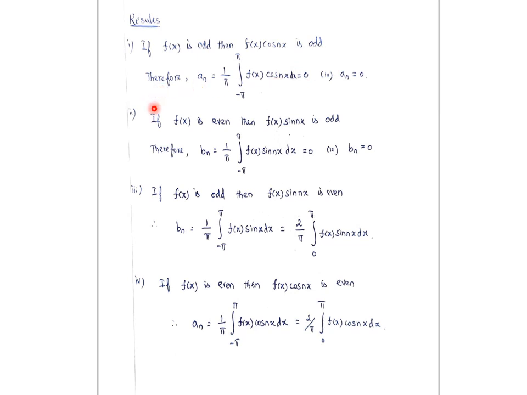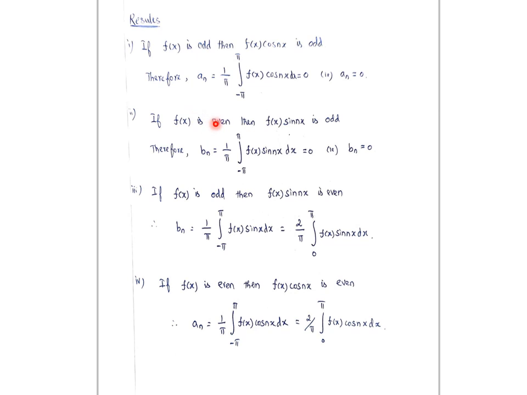Next, if the given function f of x is an even function, then what is the Fourier coefficient Bn? Bn equal to 1 by pi integral from minus pi to plus pi of f of x sin nx dx. In this formula, what is the integrand f of x sin nx?